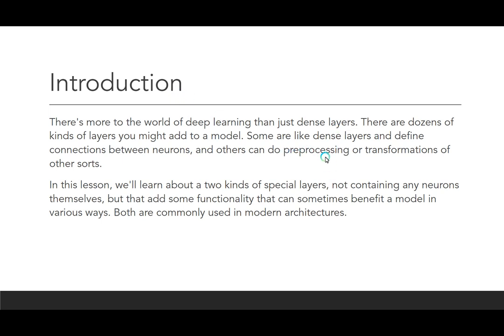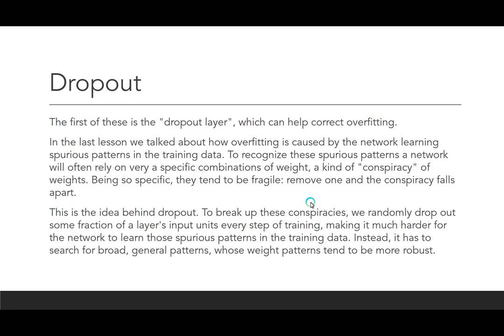Here we will learn about two kinds of special layers, not containing any neurons themselves, but that add some functionality that can sometimes benefit a model in various ways. The first layer we are going to look at is the dropout layer.